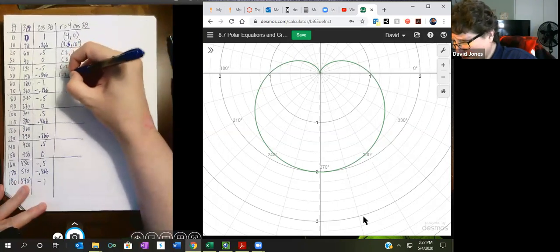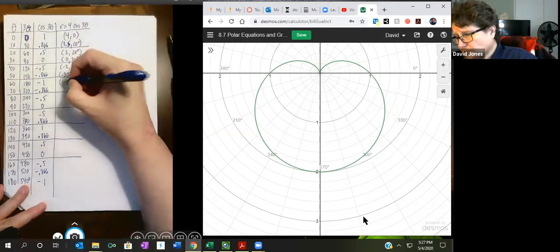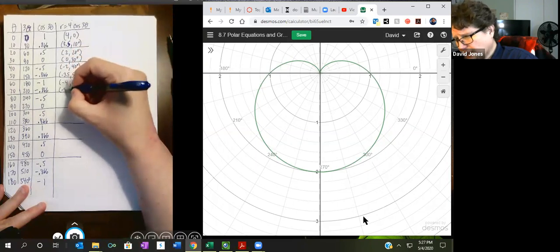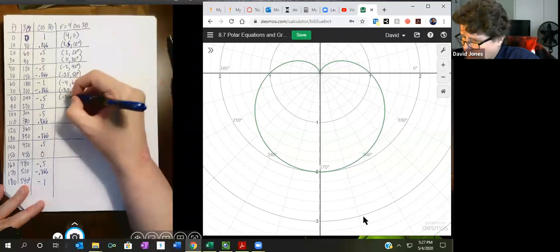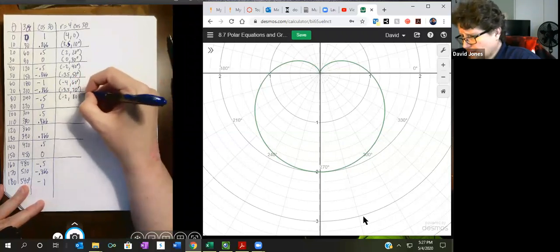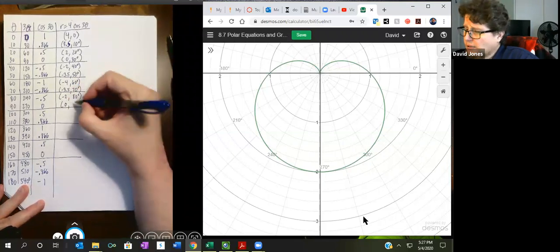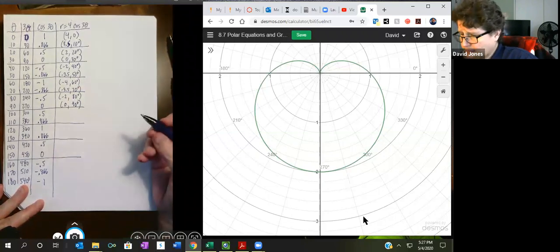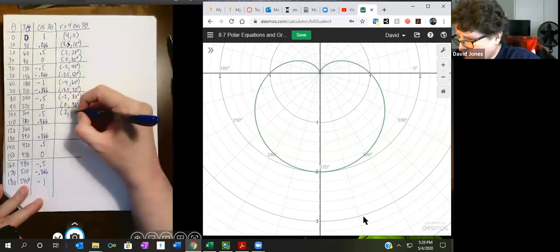Negative 3.5 at 50 degrees. It starts following a pattern. And now it goes positive.